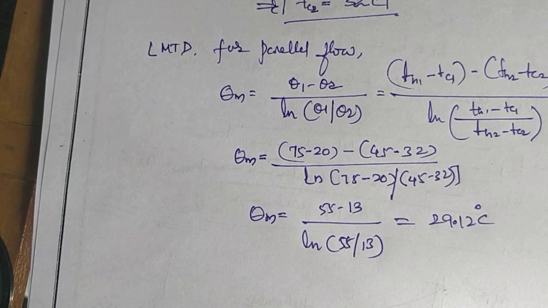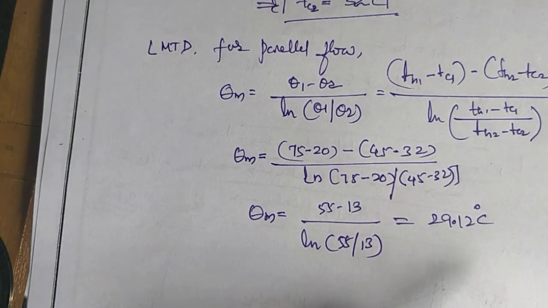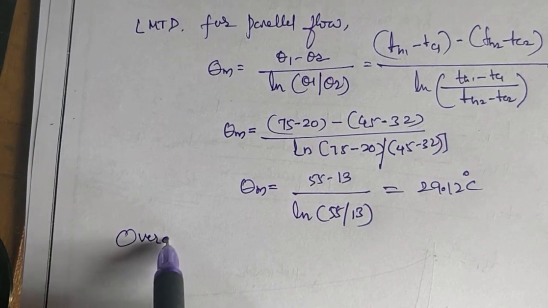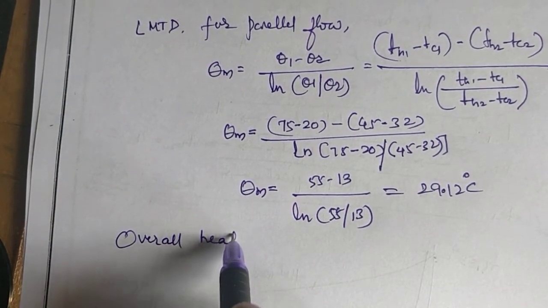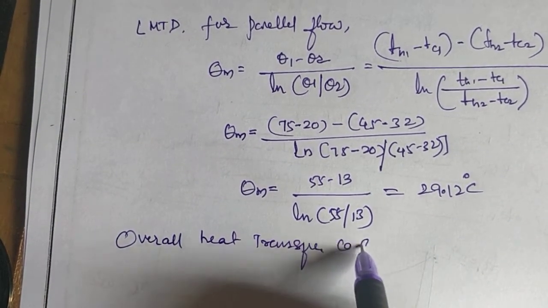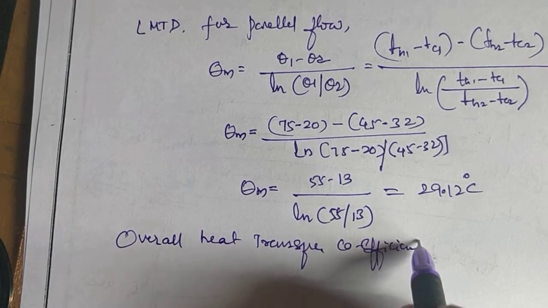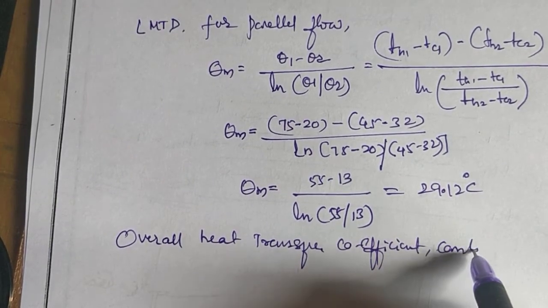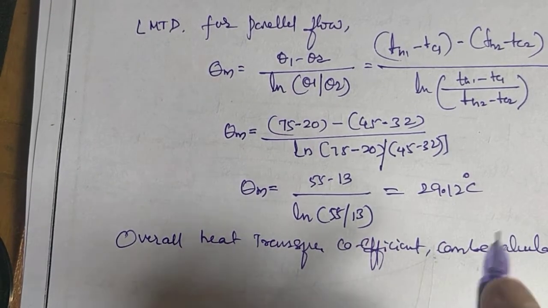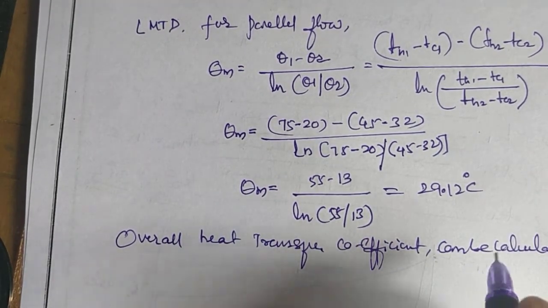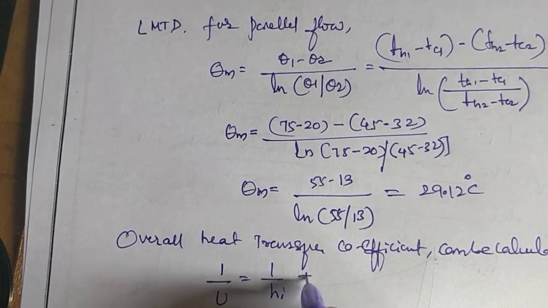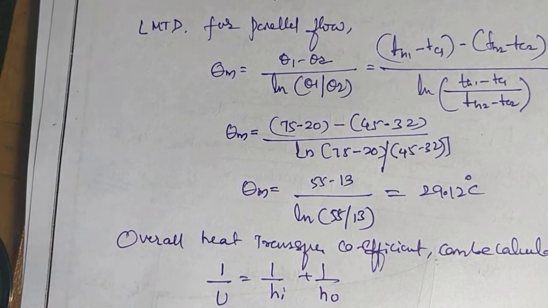Once we have this, you can find the overall heat transfer coefficient. The overall heat transfer coefficient can be calculated from the relation 1 by U is equal to 1 by hi plus 1 by ho.